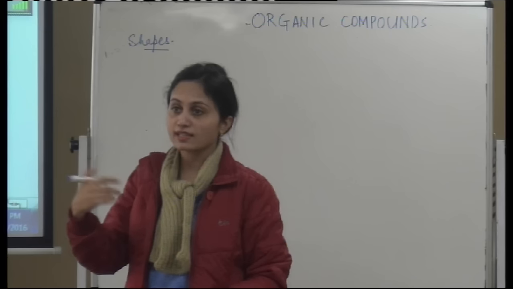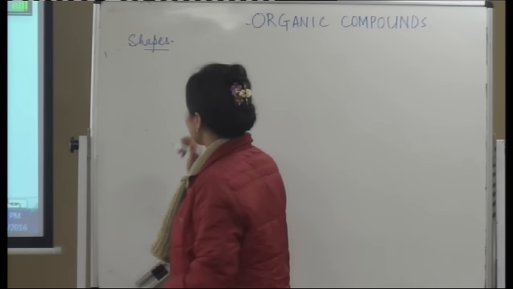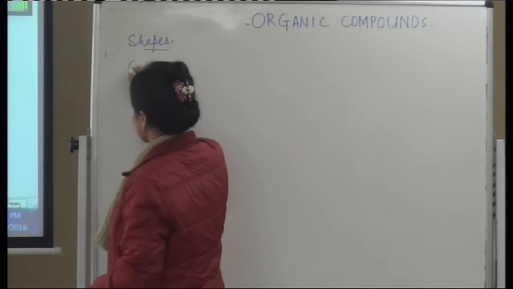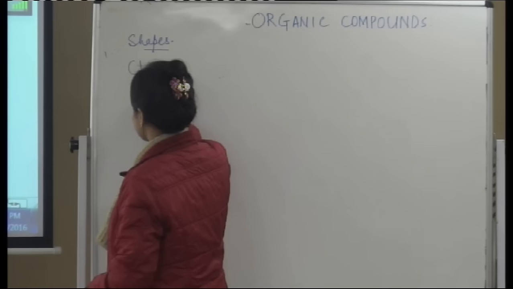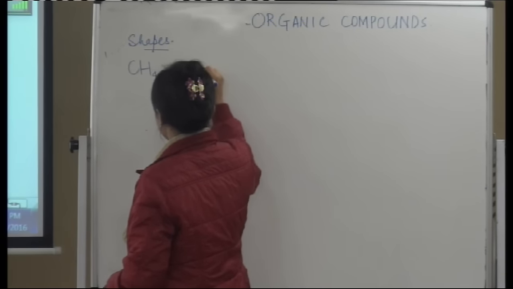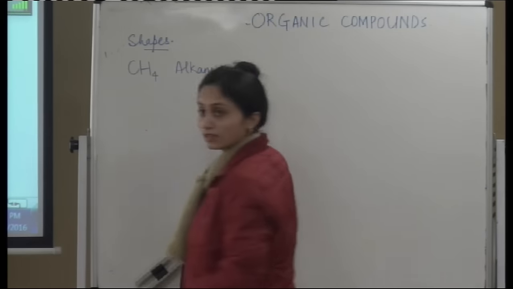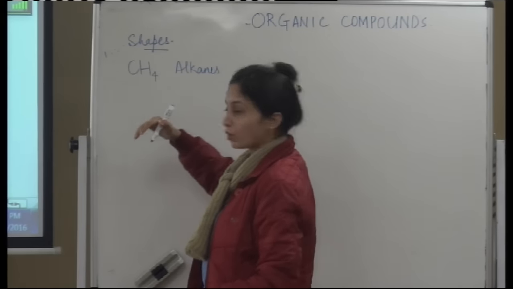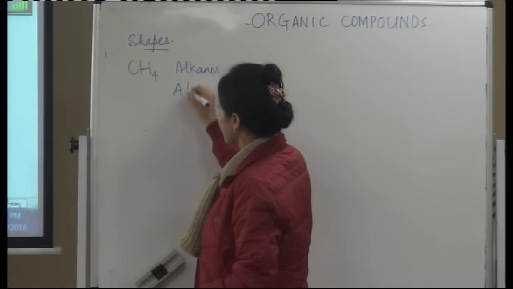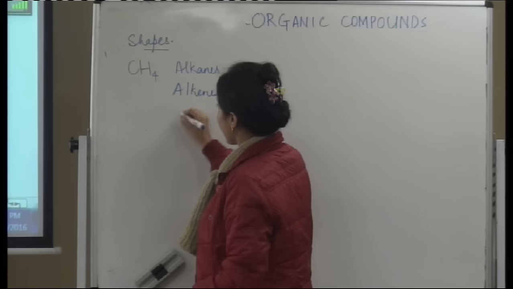Say if we talk about alcohols, then you can have methanol, ethanol, propanol, butanol, pentanol, and so on. When we talk about the shapes, essentially if you remember that when you start up with hydrocarbons, the most basic of all the compounds of organic chemistry, you have alkanes, alkenes, and alkynes.